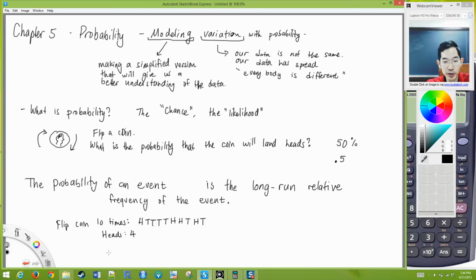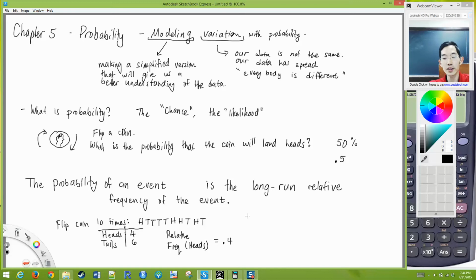So if I made a frequency table, I would have heads 4 and tails 6, right? So what is my relative frequency of heads? 40%, right? Relative frequency for heads is equal to 0.4. That's okay with everyone? Okay, so that's after 10 flips.